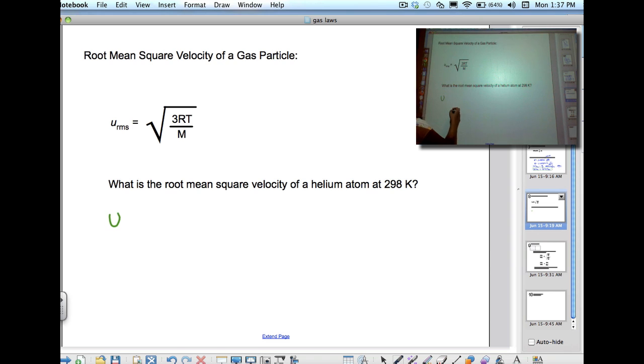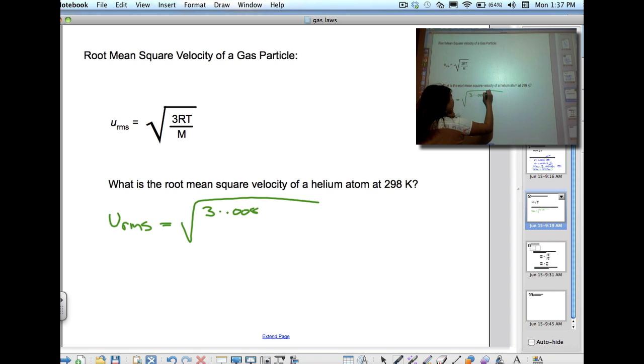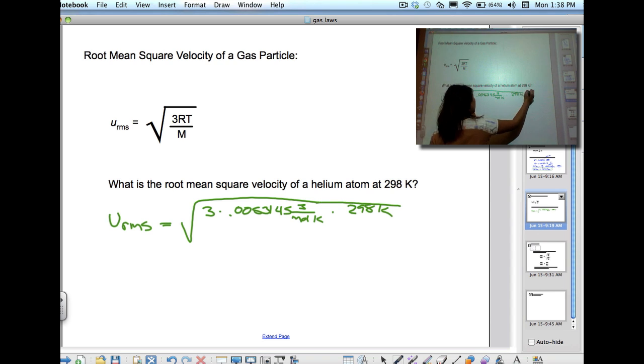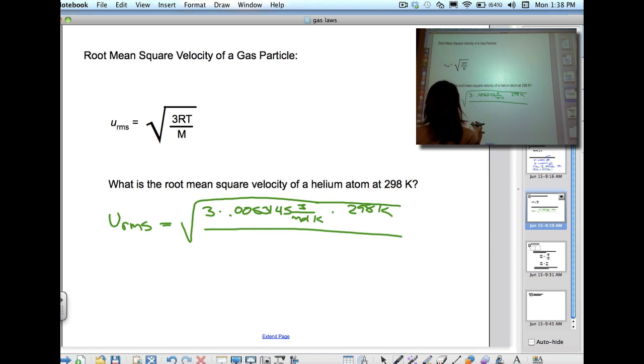U RMS is equal to the square root of 3 times 8.3145 joules per mole Kelvin times 298 Kelvin, divided by the molar mass of helium in kilograms per mole, which is 0.004003 kilograms per mole.